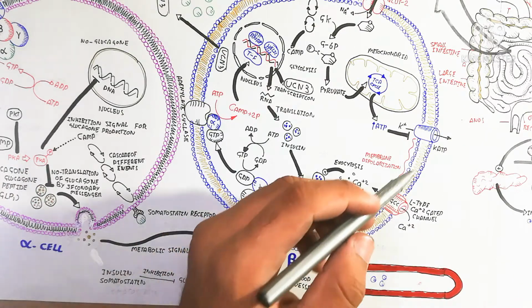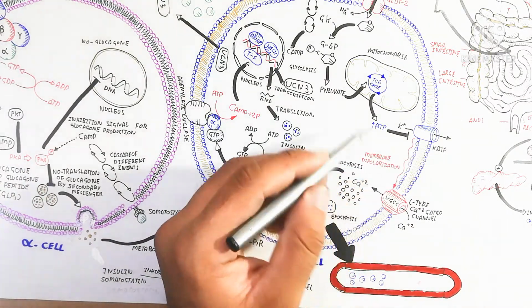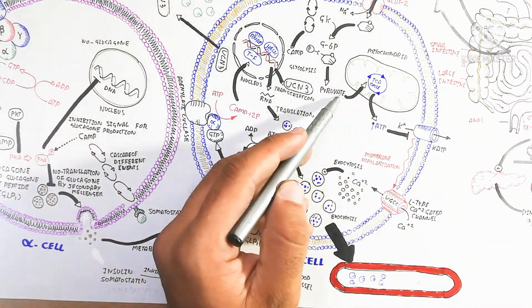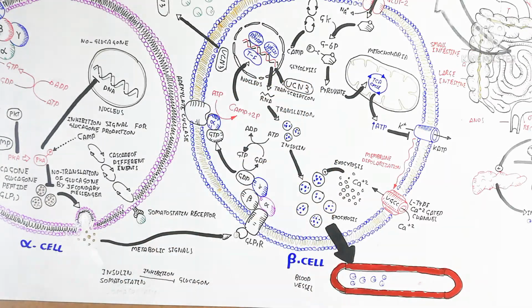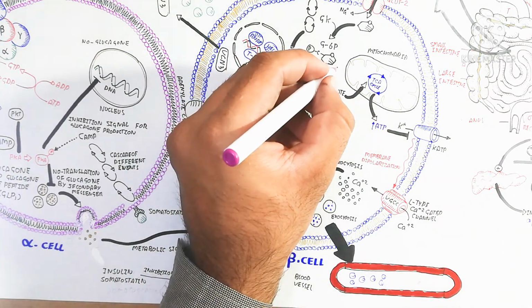Here glucose also enters the cell, so sodium ions are used for it, while potassium channels are inhibited. Inside, this leads to membrane depolarization, which allows calcium ions to move inside.